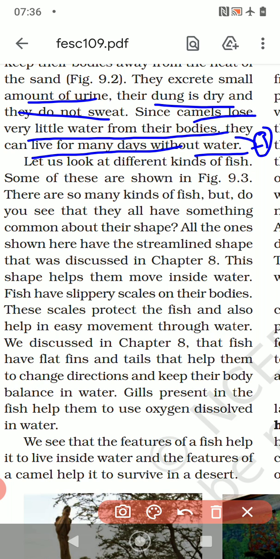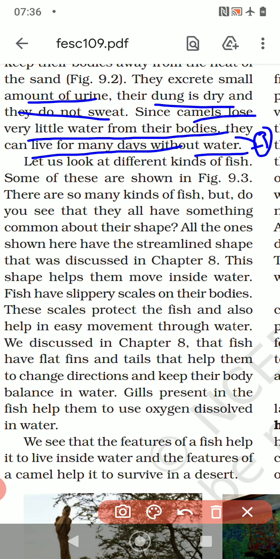They are not black, they are always brownish or light yellowish in color. So their light hair color reflects the heat. They also store water in the hump. They have a hump. These are a few more which you can include.